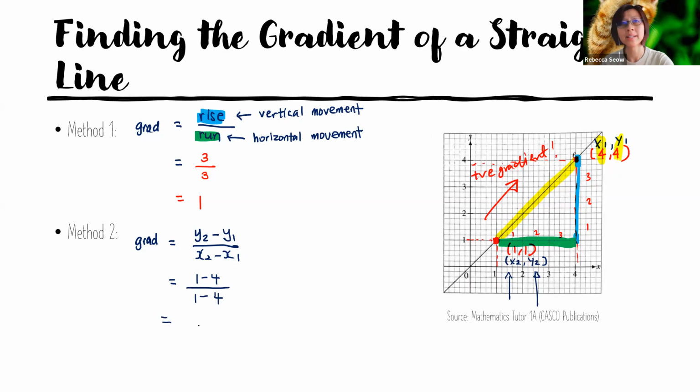Okay, so I will end up with minus 3 in the numerator and minus 3 in the denominator, and that works out to 1 as well. So this is making use of the formula. Decide which is your preference and go with one method. I think that would work well.